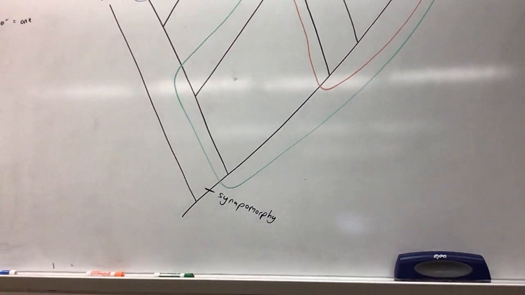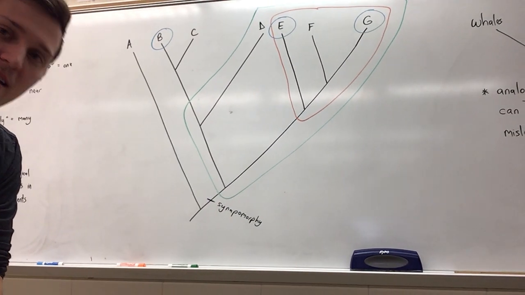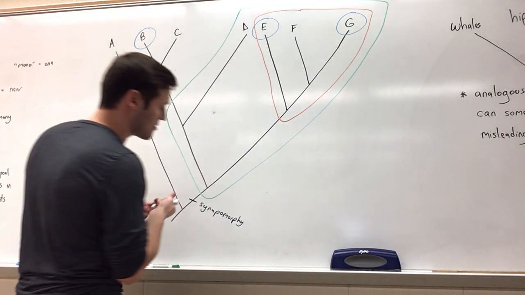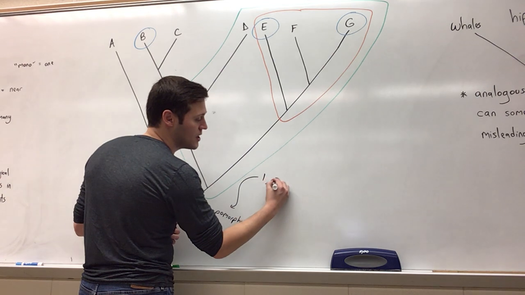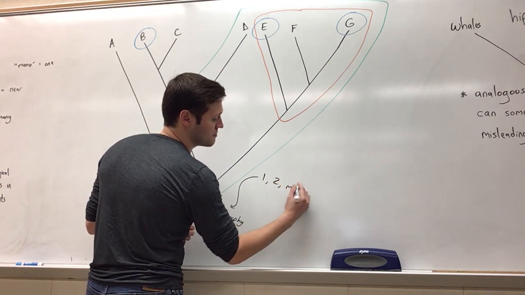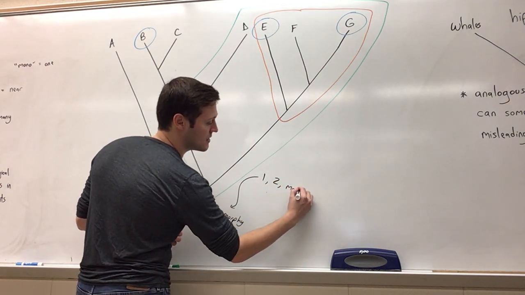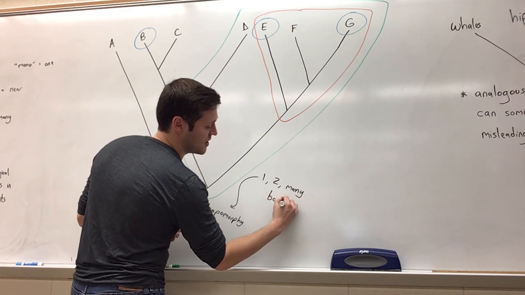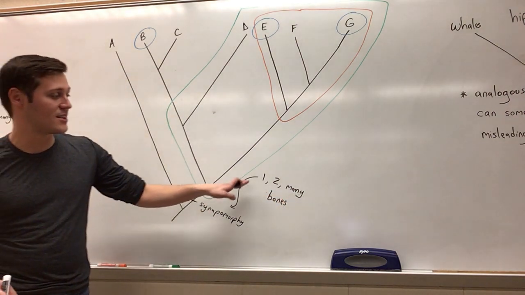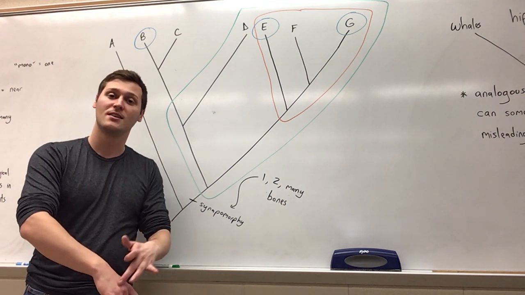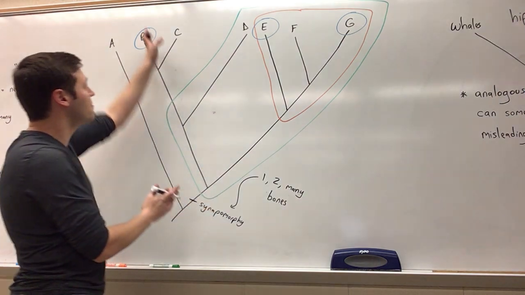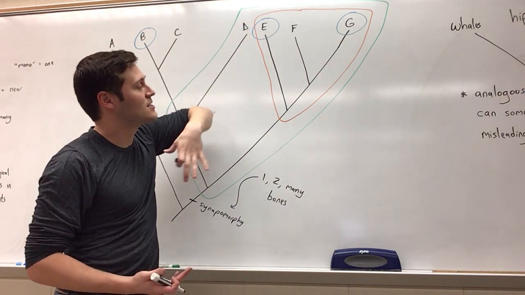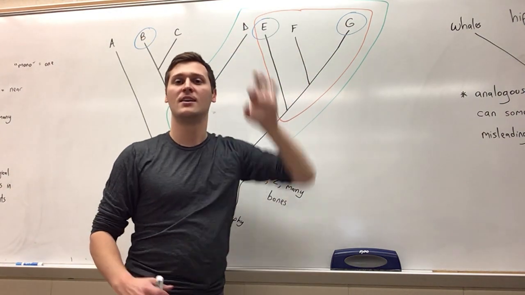So here, if we consider a synapomorphy in this tree, if we consider the first organism that had the one bone, two bones, many bones trait in the limbs, that has ultimately diverged to maybe fins, to maybe wings, to maybe arms or legs.